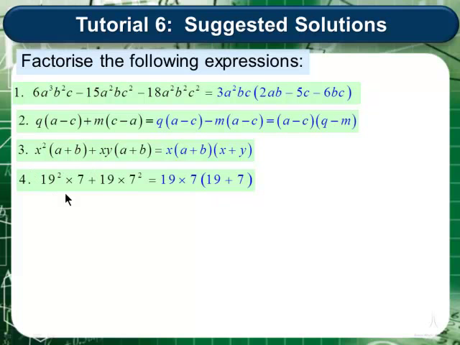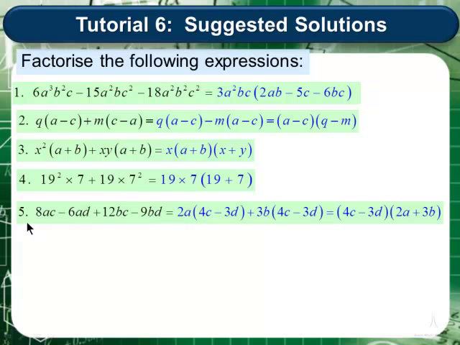If we take this away from the first term, multiplicatively that is, then we're left with 19. And if we take 19 times 7 away from the second term, then we're left with 7. So this is the factorized version of this particular expression, where we have utilized the common factor as a technique for factorization.